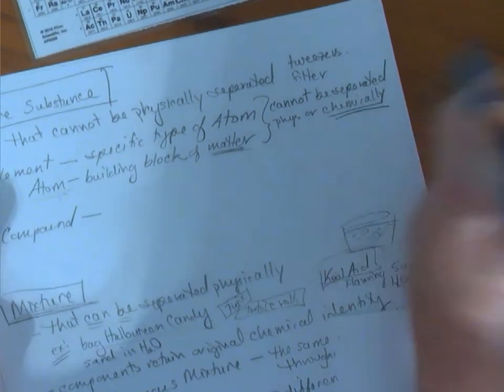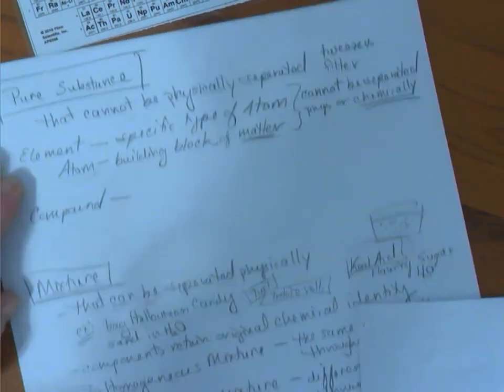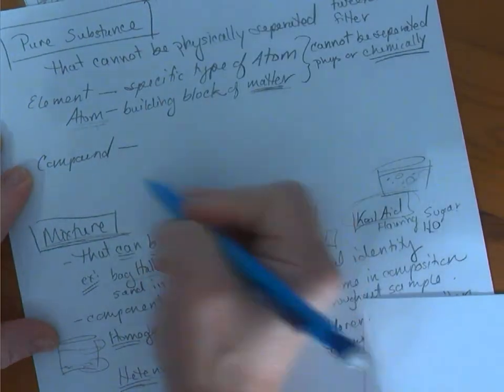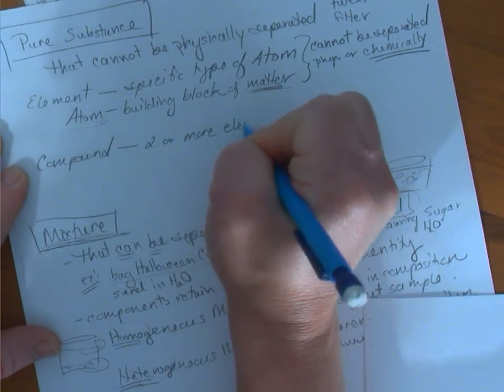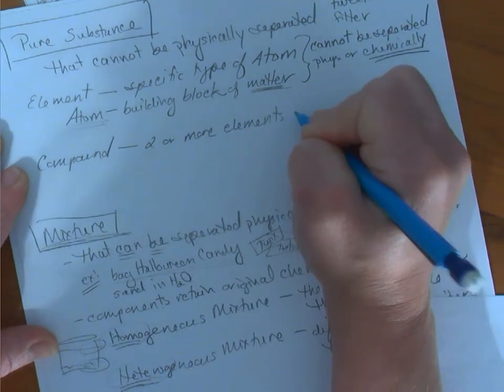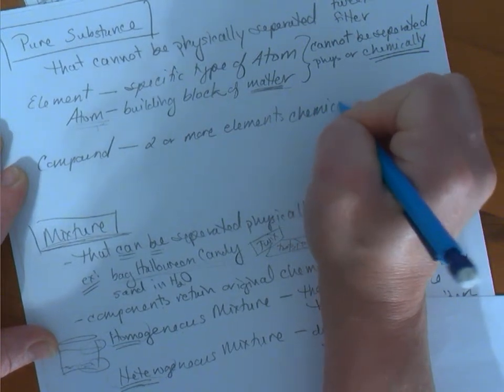Okay, so that's what makes an element an element. A compound. Compounds are made of two or more elements chemically combined.